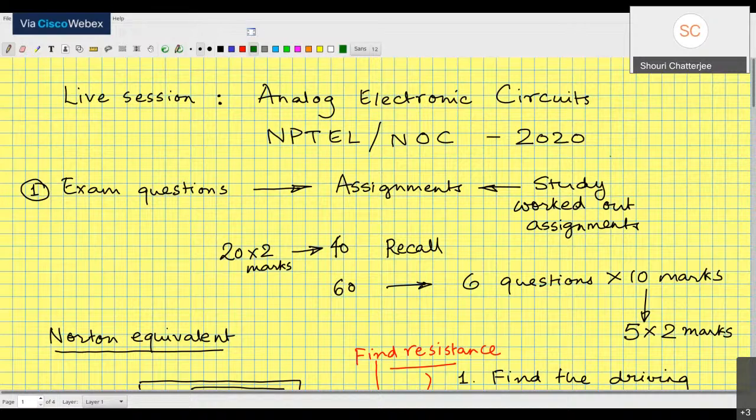The 10 marks is actually 5 subparts, each of 2 marks. The recall questions as well as the bigger questions, you will find them easy if you study the worked out assignments. So this is number one priority. Study in detail all the worked out assignments, and that will make the exam very easy for you.